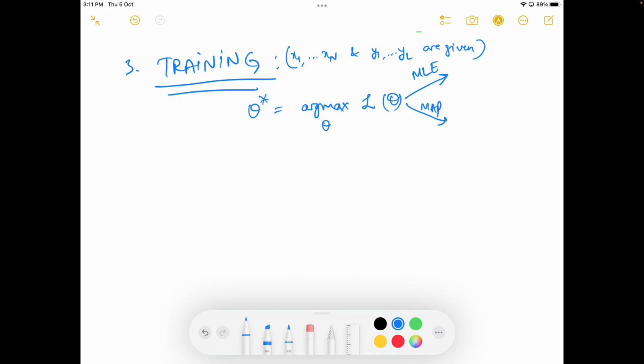Yes, so what is MLE? Who has been able to write it? What is MLE? argmax P of x given theta.